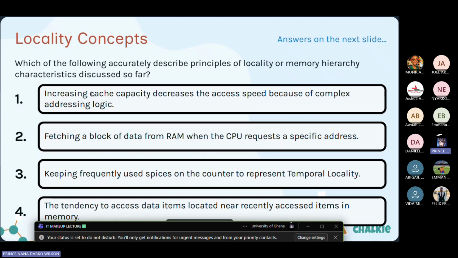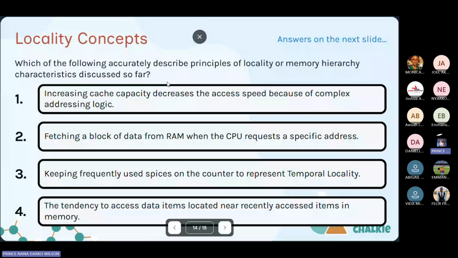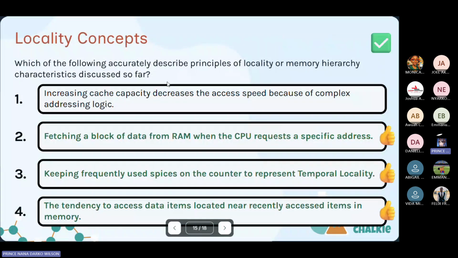Increasing cache capacity does not affect the speed, we are only increasing the capacity. Increasing the capacity means we are going to have more data closer to the CPU at a time. Therefore, it does not decrease access speed, but if anything, it actually increases it. So that is the incorrect one thus far. You selected rightly. So these are all correct except that last one.